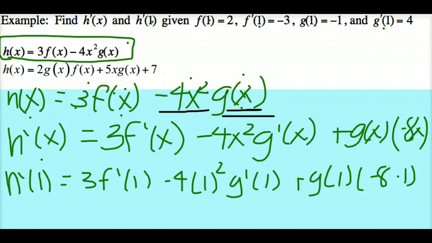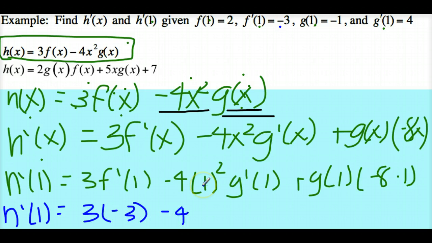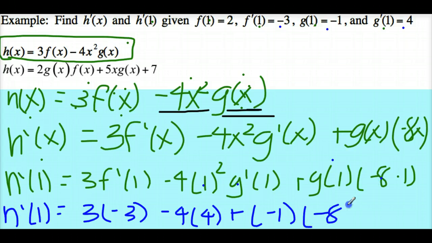So I'm going to get h prime of 1 is equal to 3 times f prime of 1, which is negative 3, minus 4, 1 squared is 1, g prime of 1 is equal to 4 right here, so times 4, plus g of 1 is equal to negative 1 times negative 8 times 1, which is negative 8.